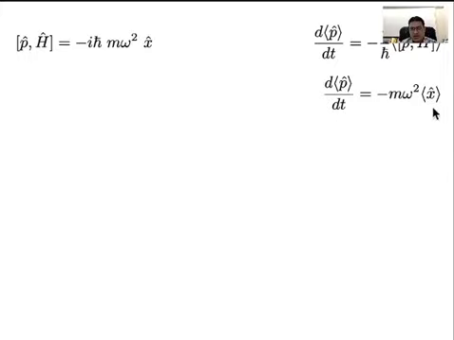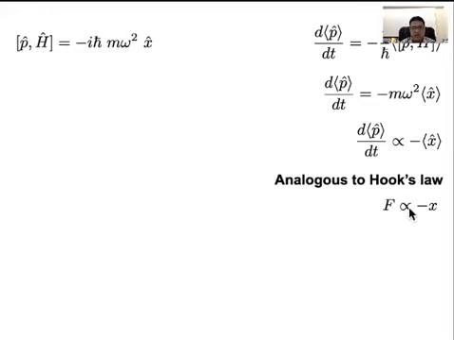If you notice what this looks like, if you take this derivative, it is proportional to the minus of the expectation value of x, which is minus of the displacement. This is Hooke's law for the harmonic oscillator. This is equivalent to the force, and this is equivalent to the minus of the displacement.